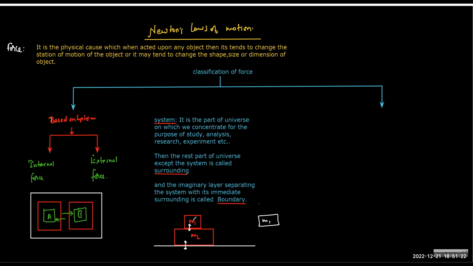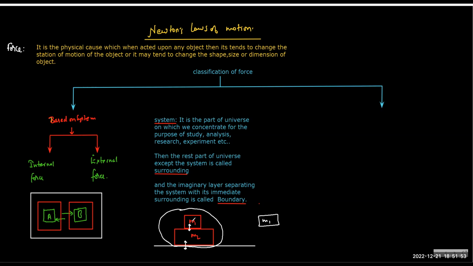Now imagine if you assume both blocks as one system, which force is external and which is internal? The force of interaction between M1 and M2 is internal. Whatever force M1 applies on M2 or M2 applies on M1 becomes internal.